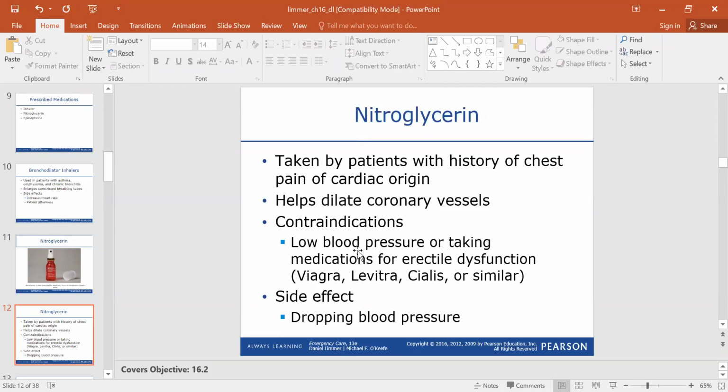Every time there is a lack of oxygen to any part of your body, the pain is a signal. Every time you have angina, it's your heart pretty much screaming out for help: hey, I need oxygen, help me. So the nitroglycerin helps by dilating the coronary vessels.